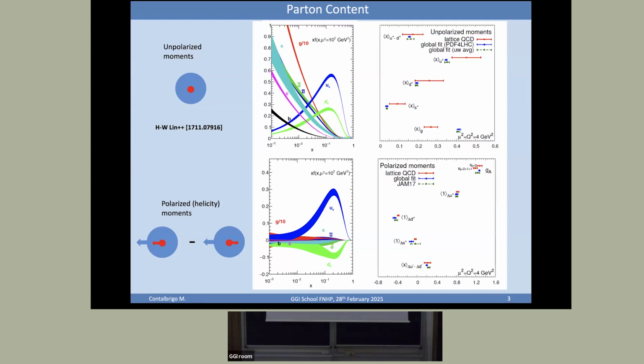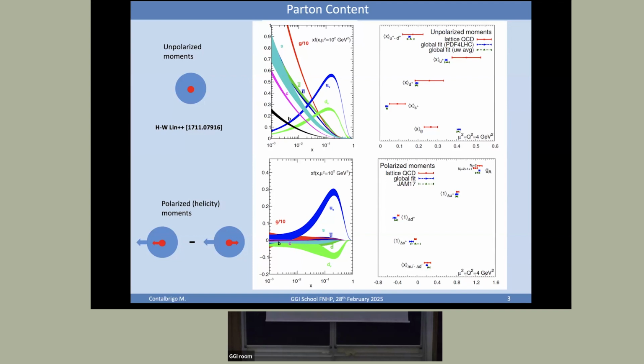Okay, and you see some difference: the unpolarized are dominated by the region of the sea, where Bjorken x is small, while the ones that are dependent on the spin seem to concentrate instead in the valence, where x is large. And what is good is that, together with the measurements, you can compare with the calculation in the lattice, and you see that they are basically consistent.